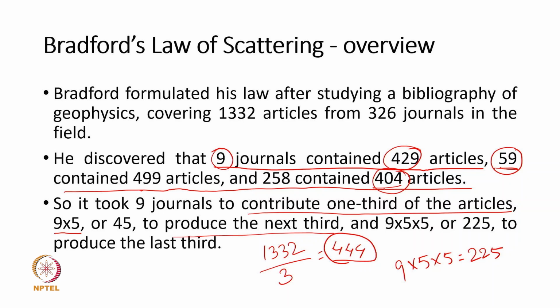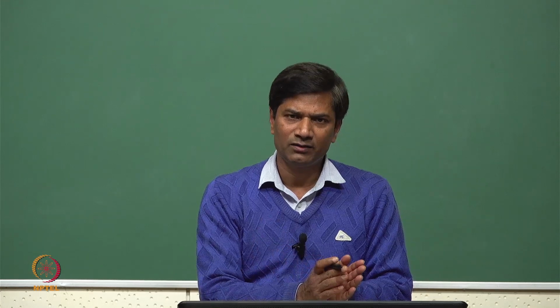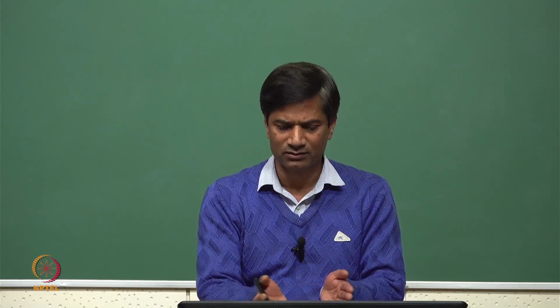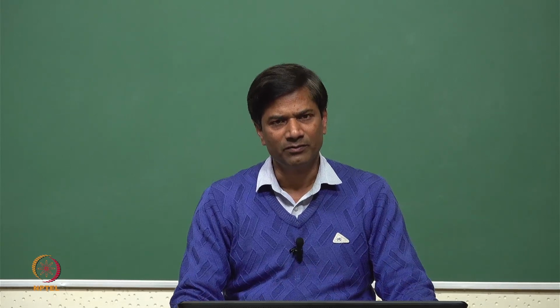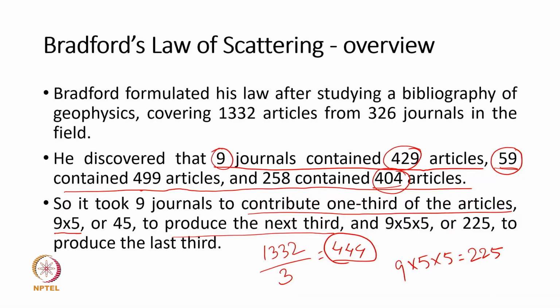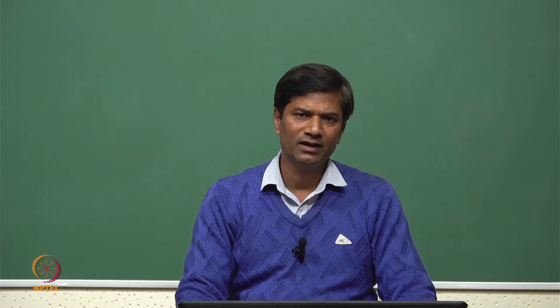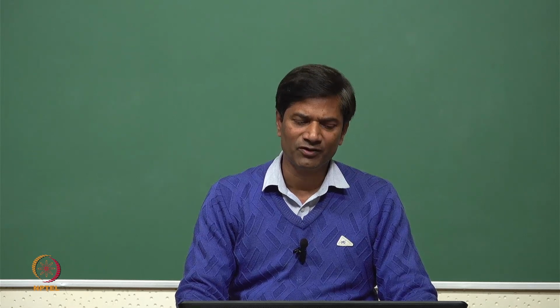That means approximately what he concluded is that one third of the articles is produced by 9 journals, followed by one third produced by the next 59 journals, and approximately one third produced by 258 journals, and there is a relationship between 9, 59 and 258.